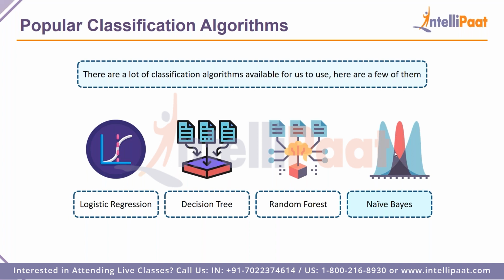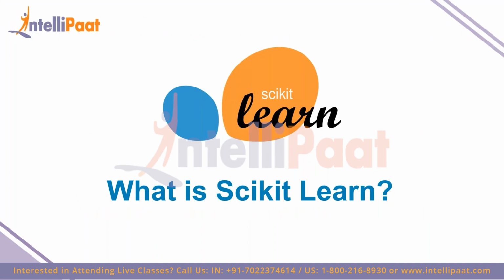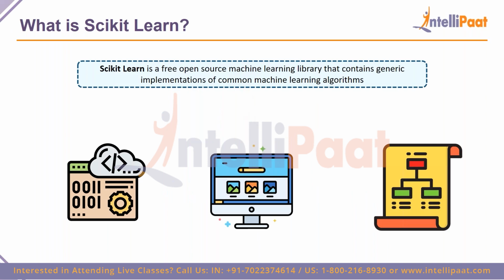So keeping that in mind, we use Scikit Learn because it contains all these algorithms pre-written for you. So you could just take the data, use these algorithms that have already been built for you, and then figure out what's the accuracy and how well it predicts your data. So now we finally come to Scikit Learn. So what is Scikit Learn? Scikit Learn is a free open source machine learning library that contains generic implementations of common machine learning algorithms.